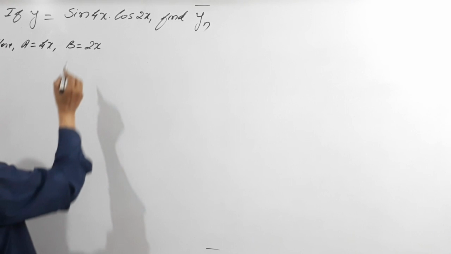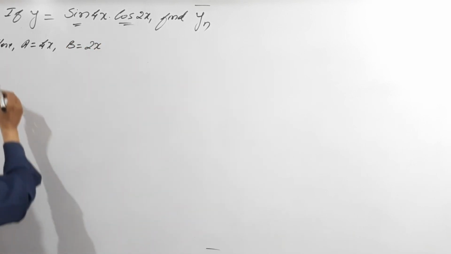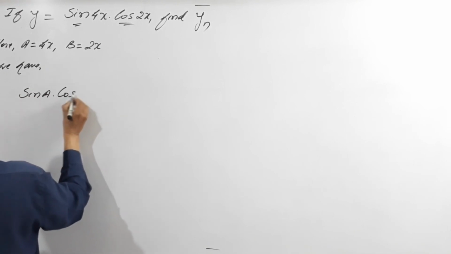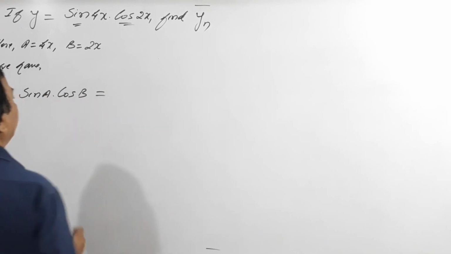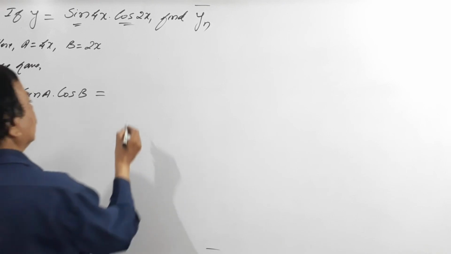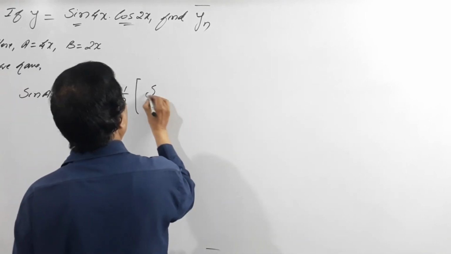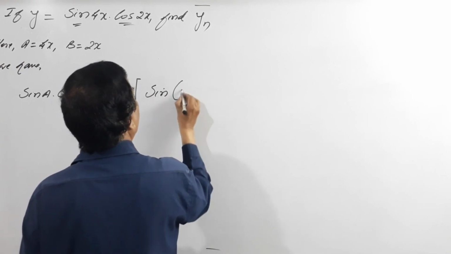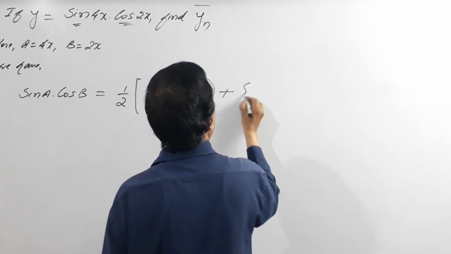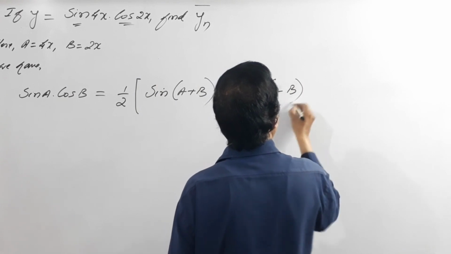So whenever we have sin and cos, we know that sin a into cos b equals half into sin of a plus b plus sin of a minus b.